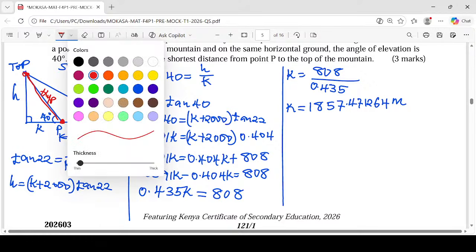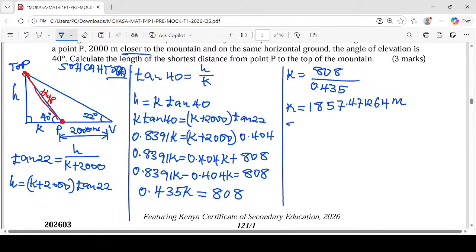We can talk about sine 40. Sine is opposite over hypotenuse. Do we have the h value? Let me see. Why should we talk about really the sine here?